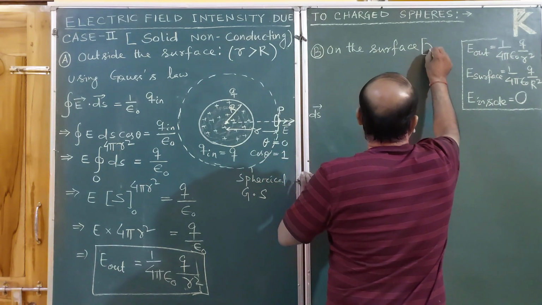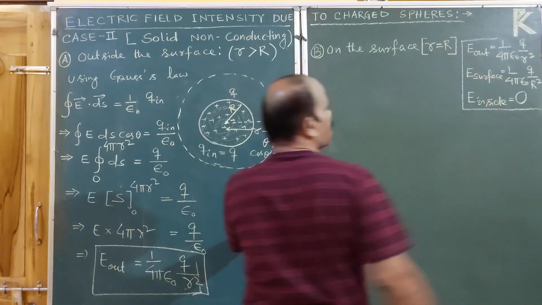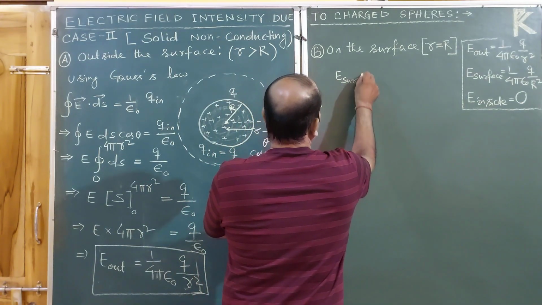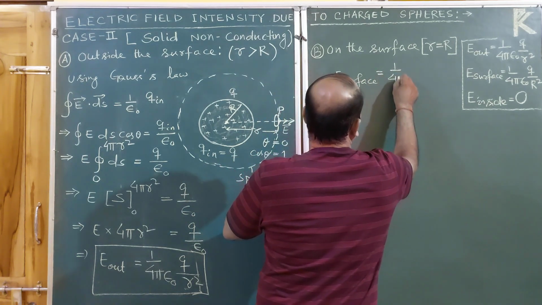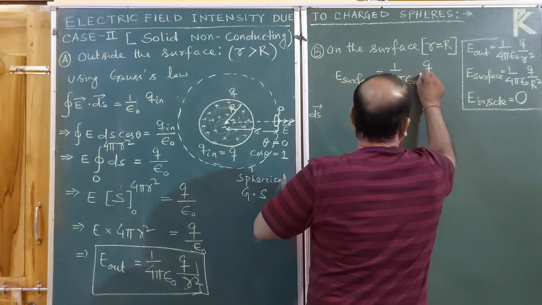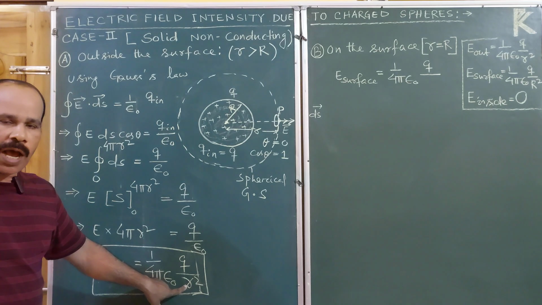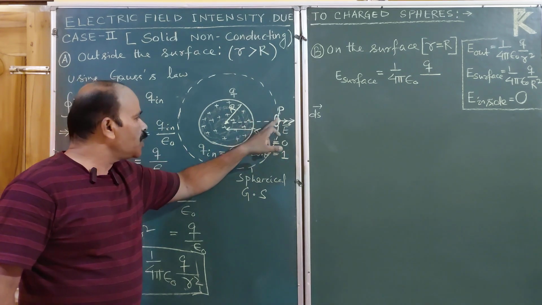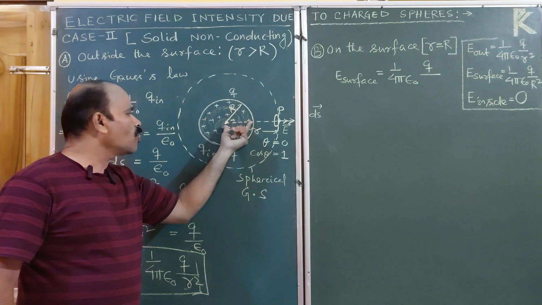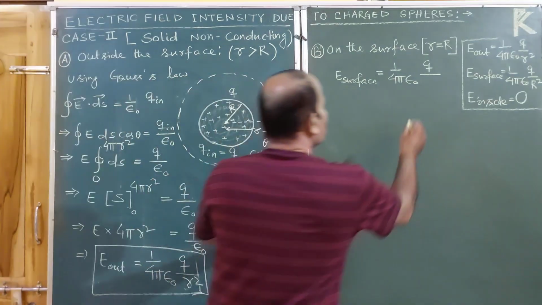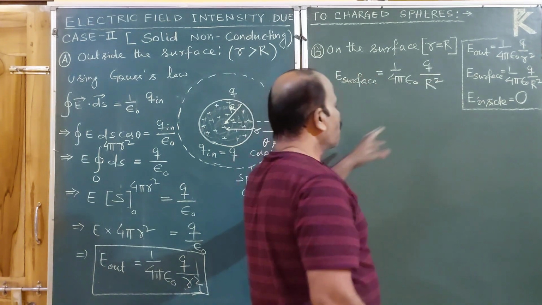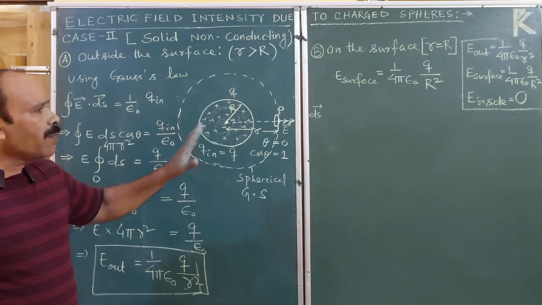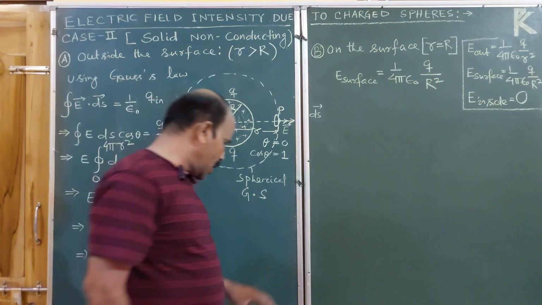So surface के लिए r equal to R. So again you see, E surface will be equal to 1 divided by 4 pi epsilon naught q divided by this small r will be replaced by capital R. So सरफेस के लिए देखो, ये P पॉइंट को सरफेस में ले आओ, देखो कैपिटल R स्मॉल r सेम, so it is capital R square. तो देखो सरफेस का वैल्यू भी उतना ही है पिछले तीनों केस में जितने निकला था. ओके, सो सेम. सो देखते हैं इनसाइड क्या होता है, अंदर क्या होता है.